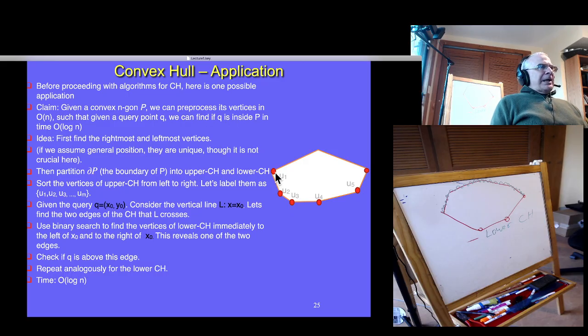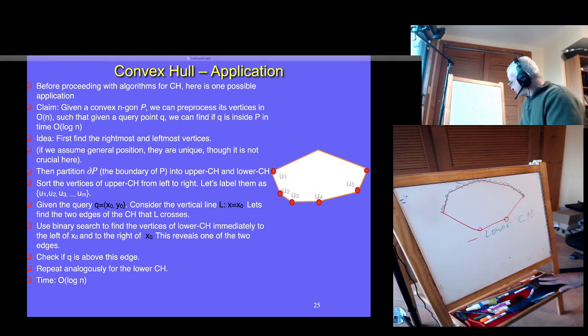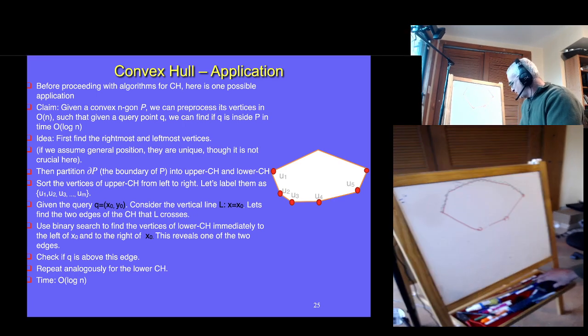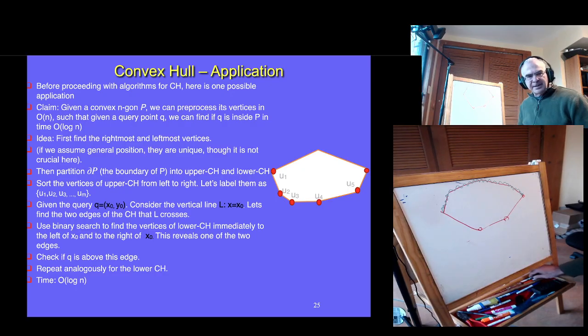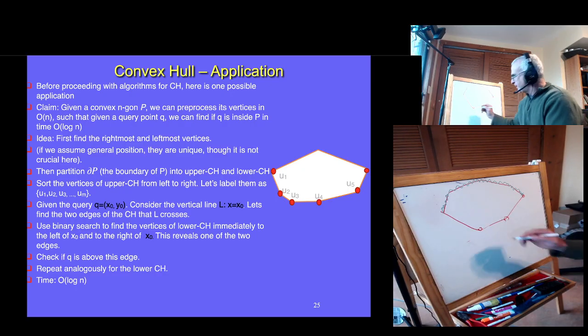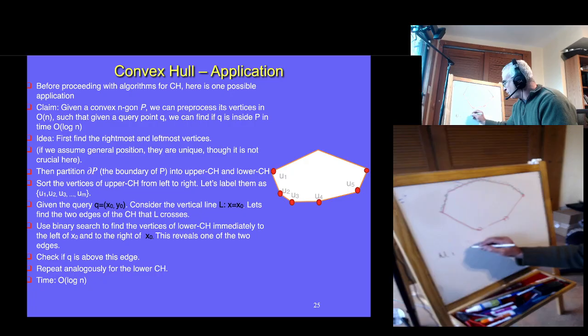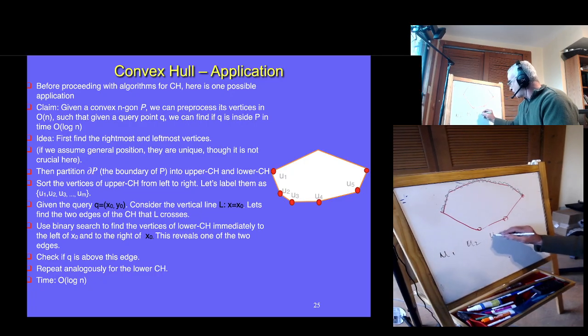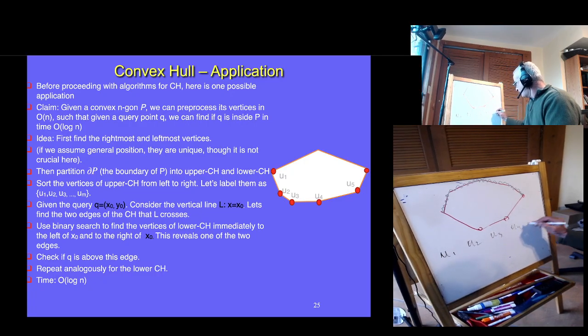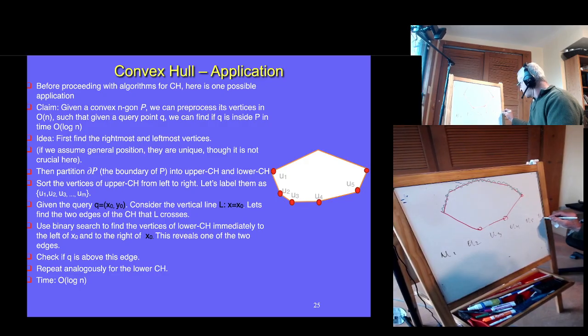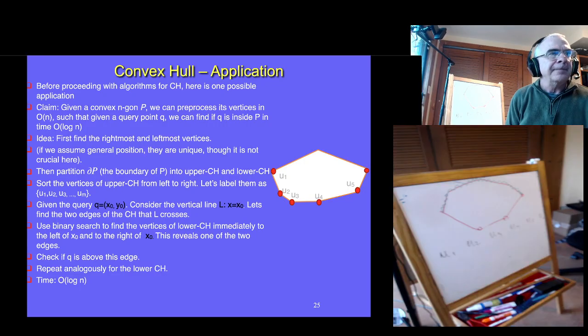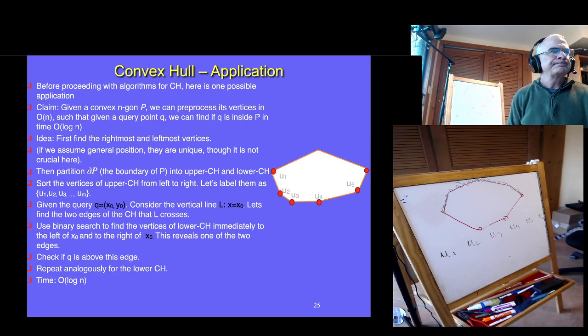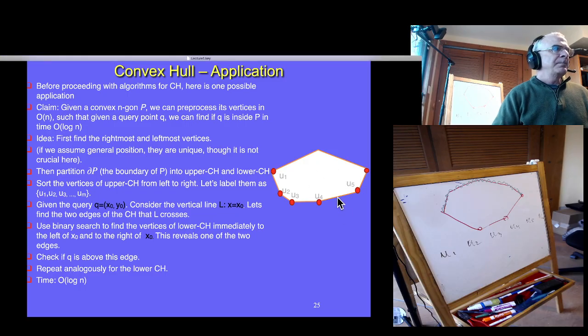And my data structure is just put these vertices in an array in this order. The array that I'll use in this example will consist of the vertices U1, U2, U3, U4, U5, and U6, in this order, from left to right.